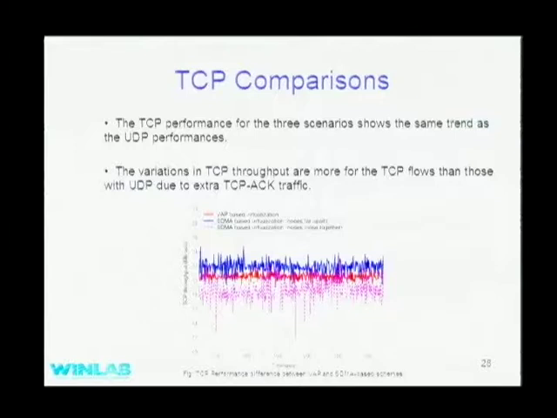Again, SDMA with spatial separation performs better than the virtual access point, and without the spatial separation, you can see it performs poorly because of lack of capture effect. But the variations in TCP throughput were more than UDP, because TCP has the TCP ACK packets in the downlink, which result in more contention among the experiments.